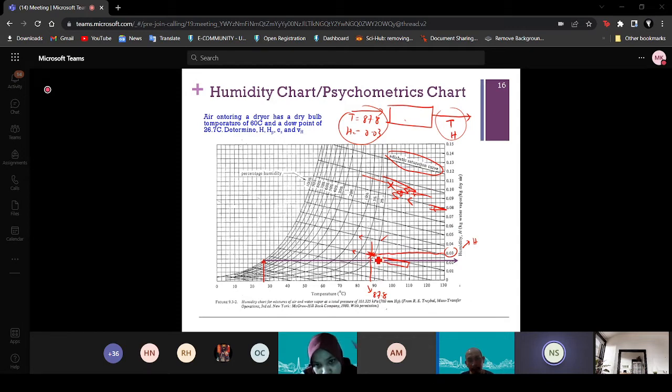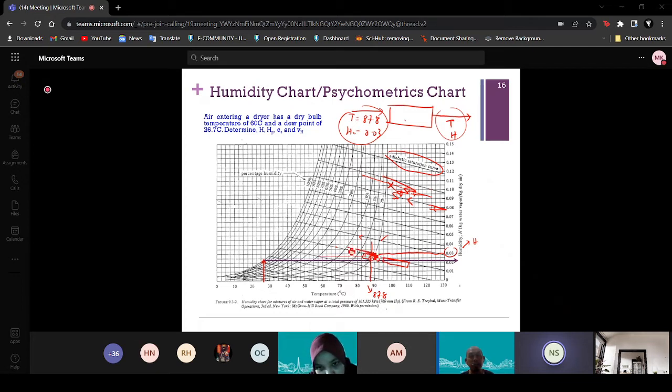Let's say this is your ruler following the lower adiabatic saturation curve, and then you move up a little bit until the ruler crosses that line. Just maintain the position of your ruler, because you want to draw a line parallel to the adiabatic curve line below. So you draw a line.